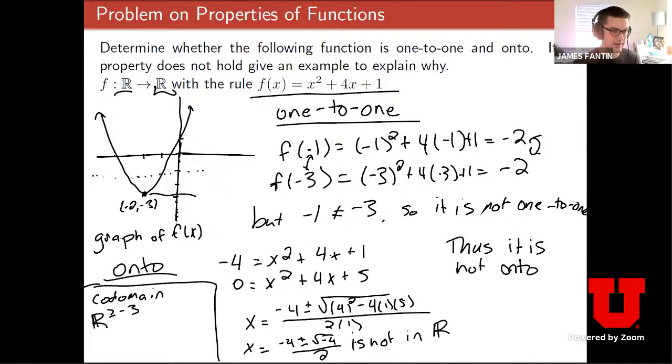So make sure you remember that when you're looking at onto, you have to really look at what the domain and codomain are and how those interact in regards to the function in order to prove it.